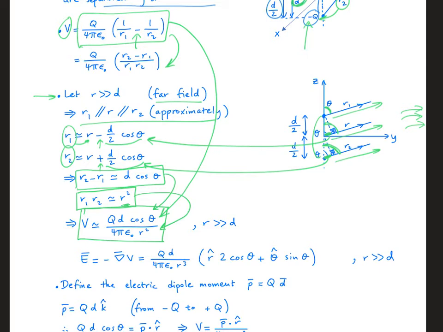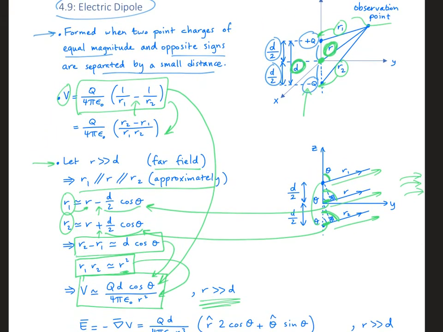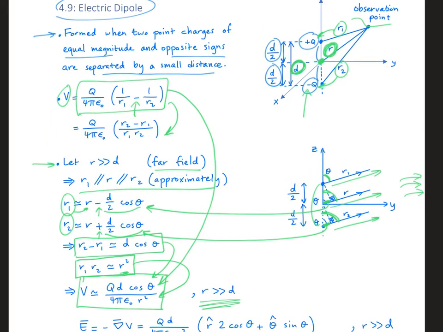Okay, so when does this term apply? Only and only if you are in the far field, meaning your observation point is way far away in comparison to the dipole distance, or the distance between the two charges. So notice that what we've done here is really find another expression and compare this expression with this expression. So this is for a dipole in far field again.